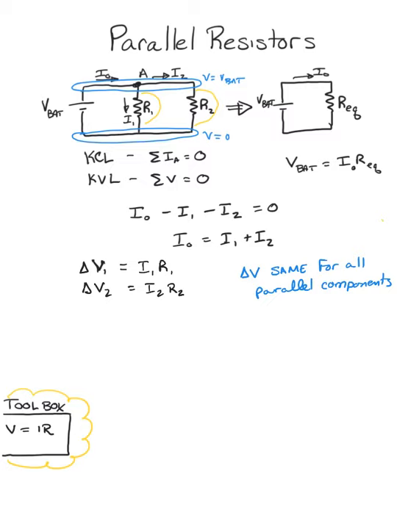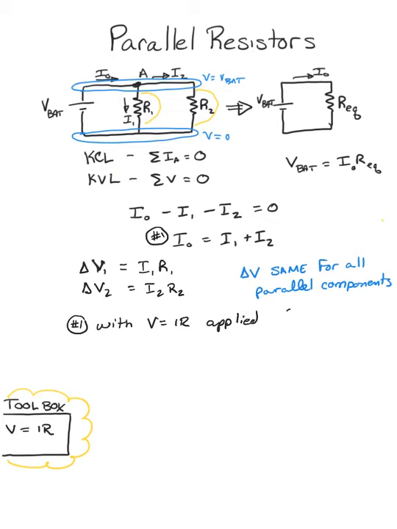So we'll be able to take advantage of that, and we'll plug it into this main equation. So what we're going to do is take this equation, I'll call it equation number 1, and number 1 with V equals IR applied.